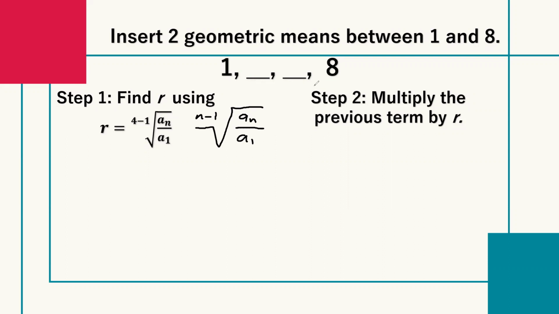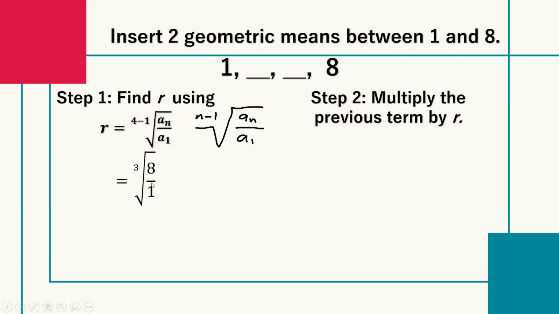So next. So we have here to substitute the given values. First, find the values. A sub n is equal to 8. Itong last term natin. A sub 1 is itong first term natin. So we have 8 over 1. And then subtract lang natin itong nasa nth root. 4 minus 1 is equal to 3.